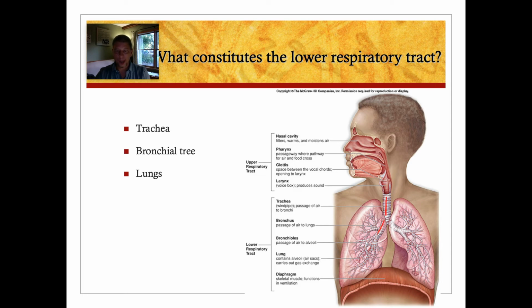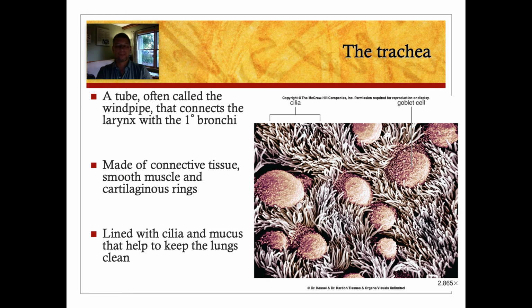There are two bronchi, which then branch off into smaller bronchioles, which then branch off into even smaller bronchioles, and smaller and smaller. And those eventually end up in the tissue that we refer to as the lungs. Okay. So the trachea, the bronchial tree, and the lungs constitute the lower respiratory tract.